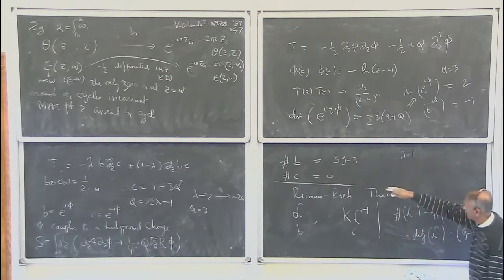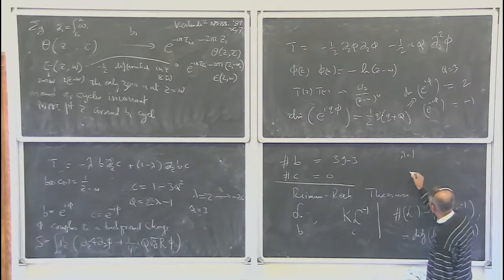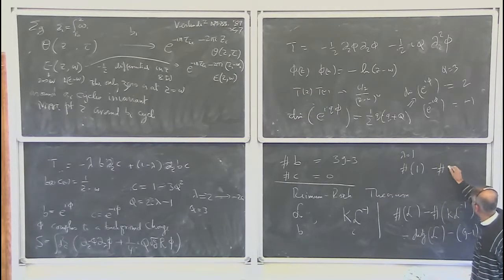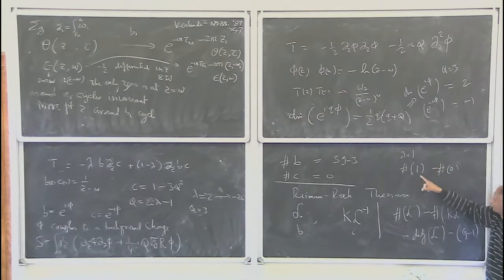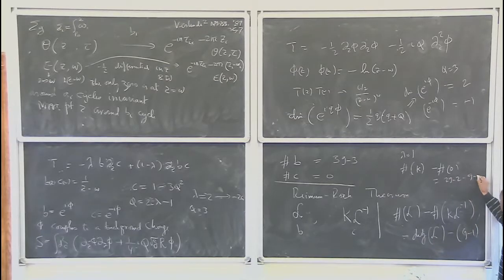If lambda is 1, this formula says that the number of zero modes of a 1-differential, minus the number of zero modes of a 0-differential, because lambda equal to 1 means this is K itself, the canonical bundle, and here you have a K inverse, so it's a trivial bundle. These are functions. That's equal to the degree of L, which is 2G minus 2, minus G minus 1, which is the same as G minus 1.